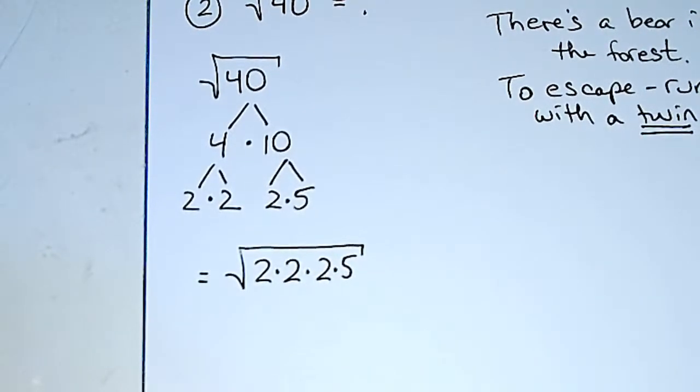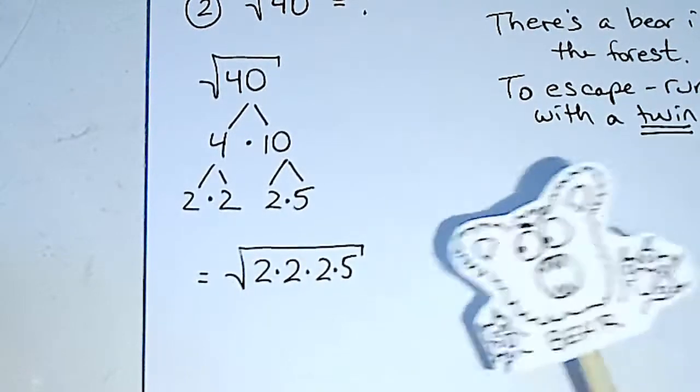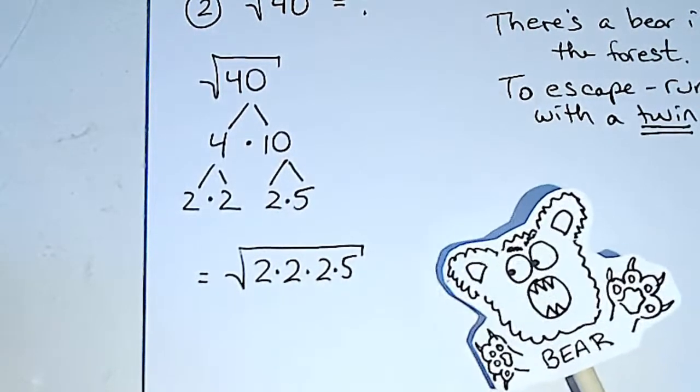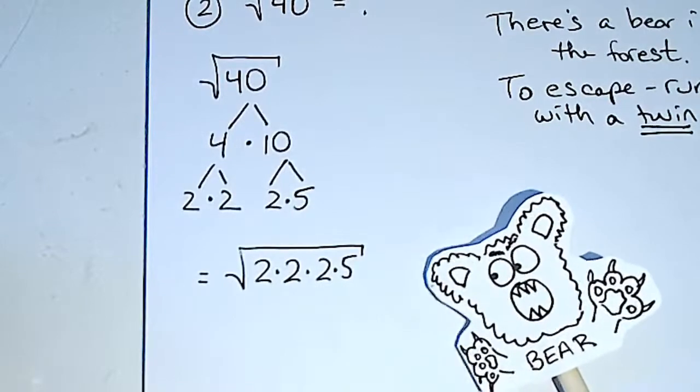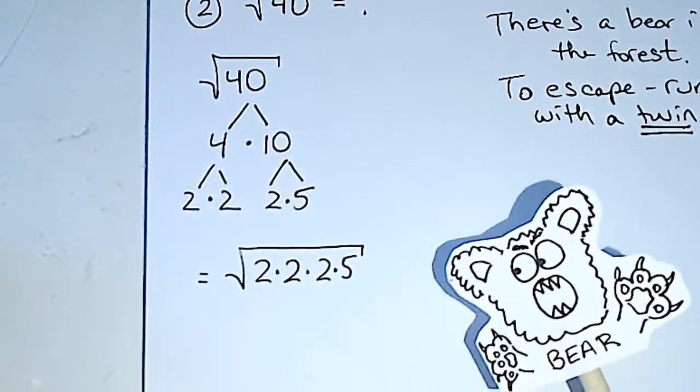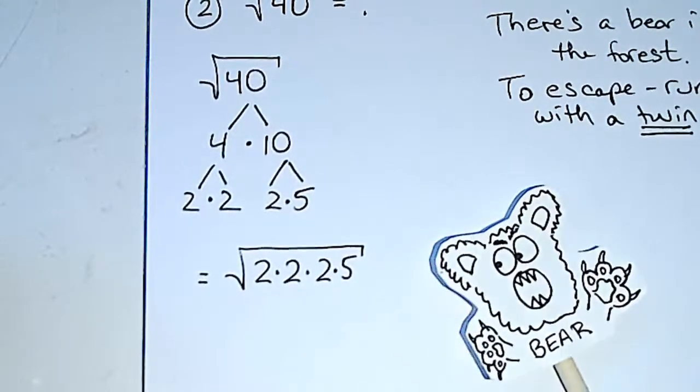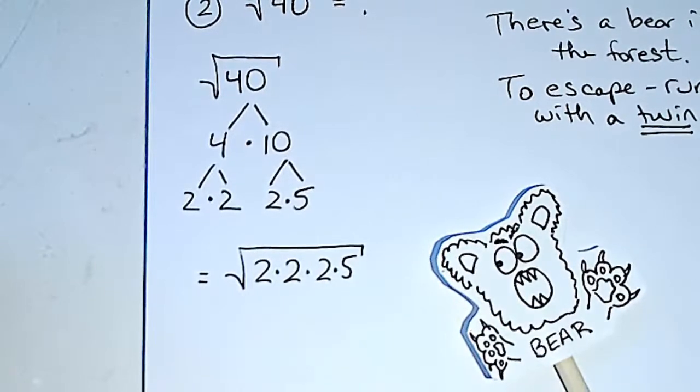Okay, so the bear is waiting outside to eat anyone who runs. But the bear can only catch one of you if two of you run. Now, if you just run individually, the bear will eat you. If you and a friend who don't look the same run, then the bear will just have to choose one of you, and that might not go very well. So we're only going to let twins run.